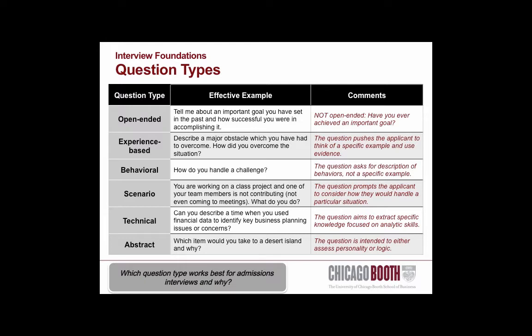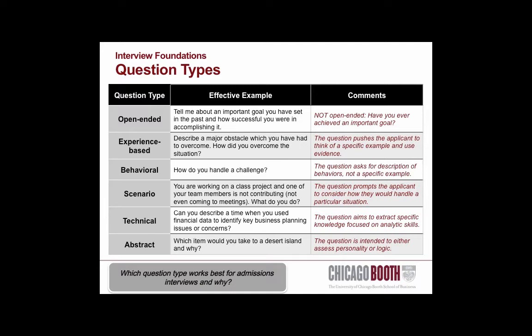The candidate is very much led to answer based on the way that you ask the question. So what I want to do is review a variety of question types, the examples that demonstrate those, and then a little bit of the pro and con of those question types. Ultimately, what we want to do is understand which of these question types is best for an admissions interview and why that is.